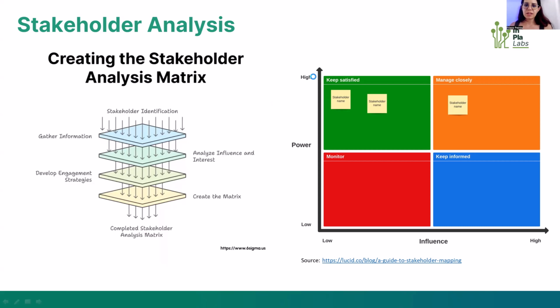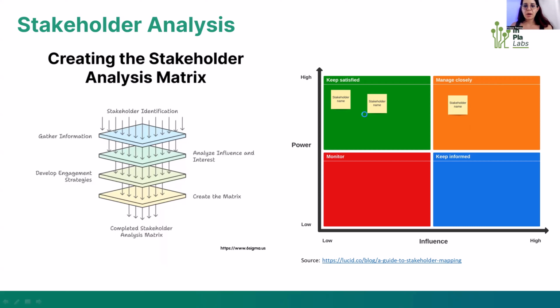So here we can see that on this axis we have the power of the stakeholder, and it means the power to change the decision or the plan that we are working on in this current project. And here we can see the influence, how they can influence, because these two things can be different. Of course, here in the four boxes, the orange one is the most critical one, because we have at the same time high influence and high power.